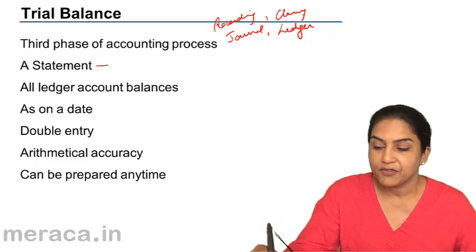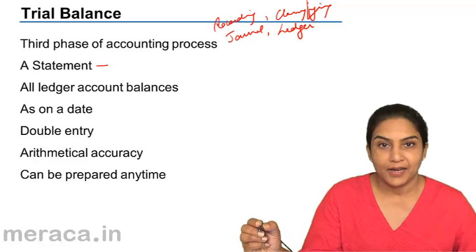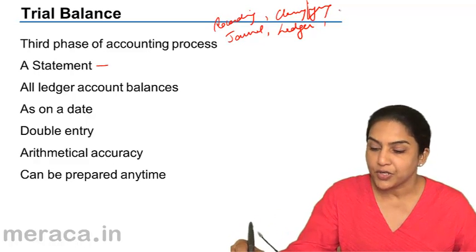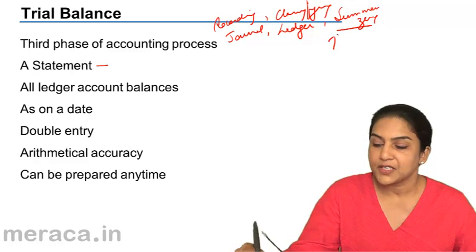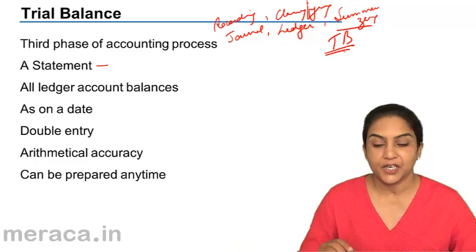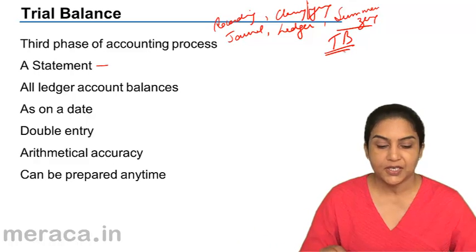Classifying, which we did in the ledger. And now we are going to the third phase, that is summarizing. That is trial balance, the third phase of the accounting process.